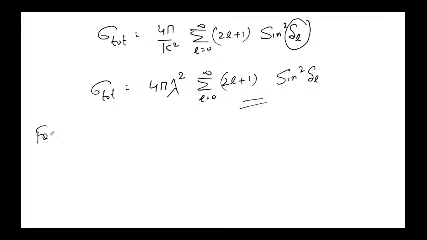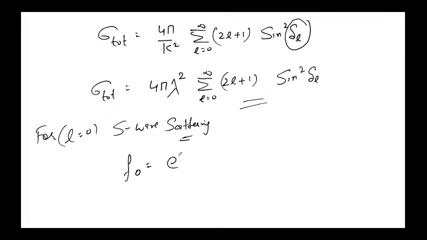So for L equal to 0, that is for S wave scattering, the scattering amplitude f naught will be equal to exponential of i sigma naught over k into sine sigma naught.